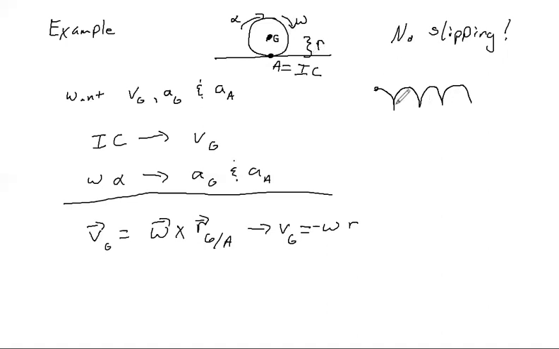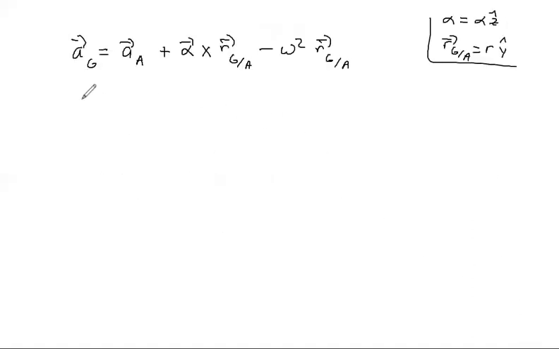And what you can see from that is at the point of contact, point A only has acceleration in the y direction, whereas G, being at the center, can only move in the x direction. So that helps us because it simplifies things. We know that this acceleration is only in the x direction, whereas this is only in the y direction.